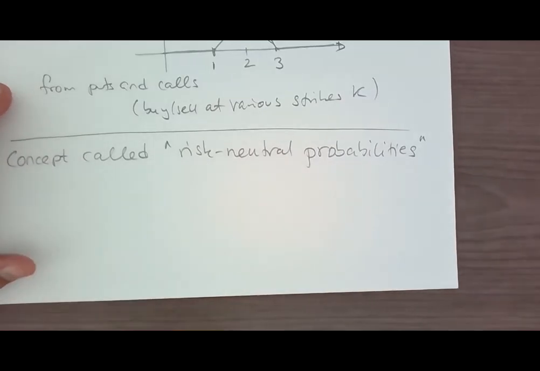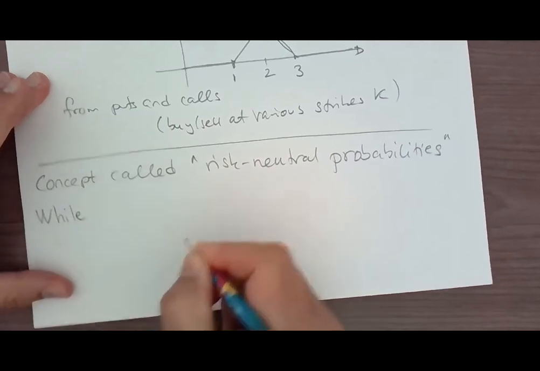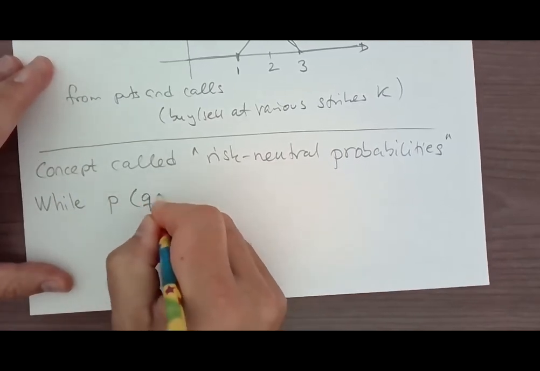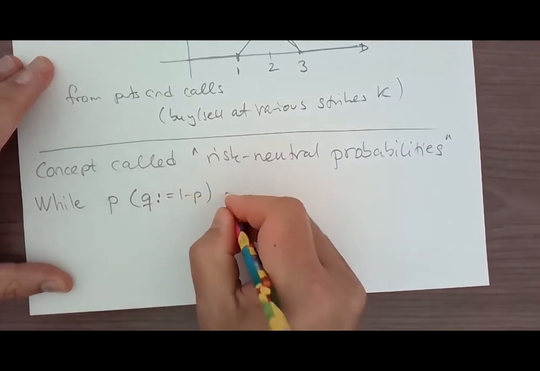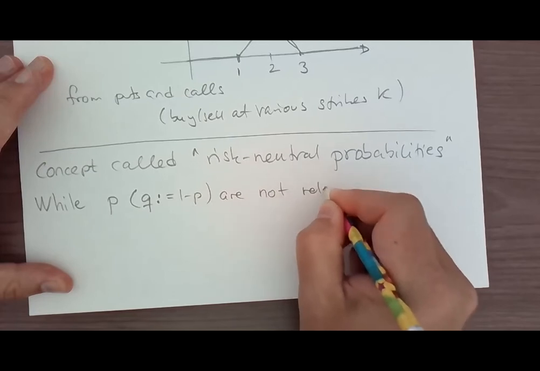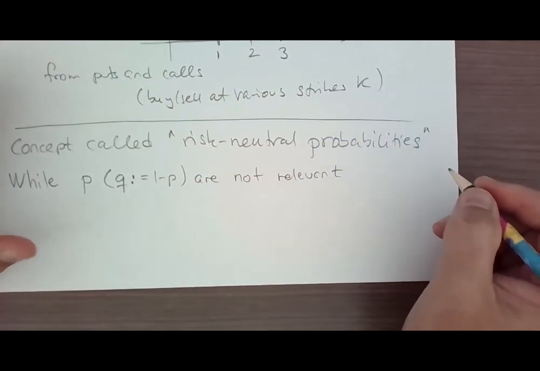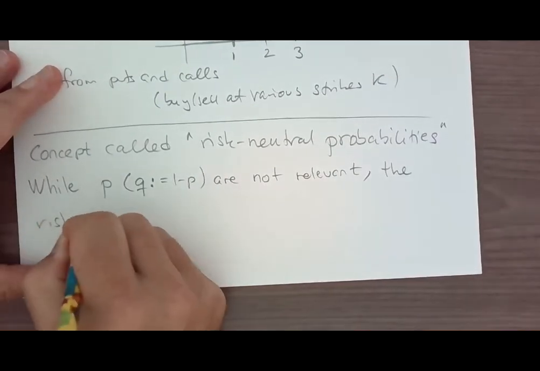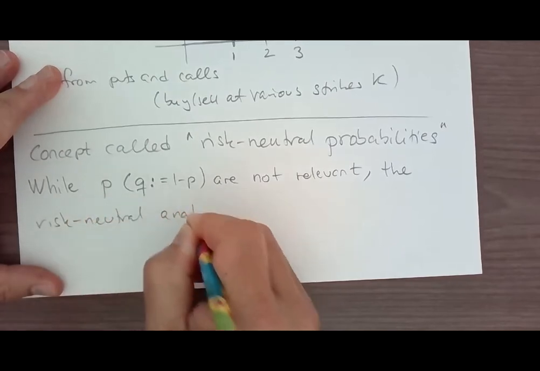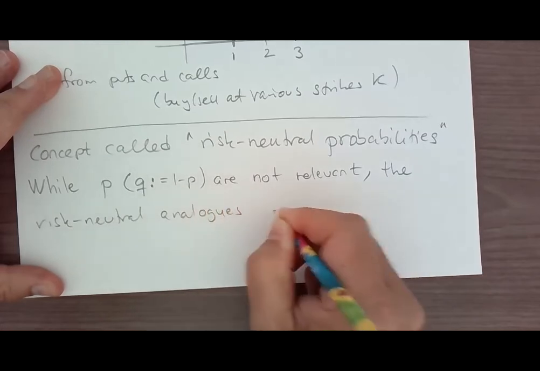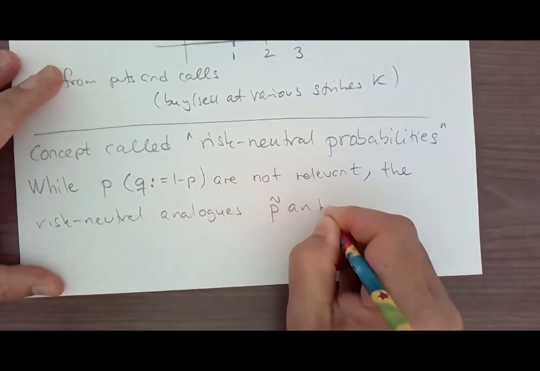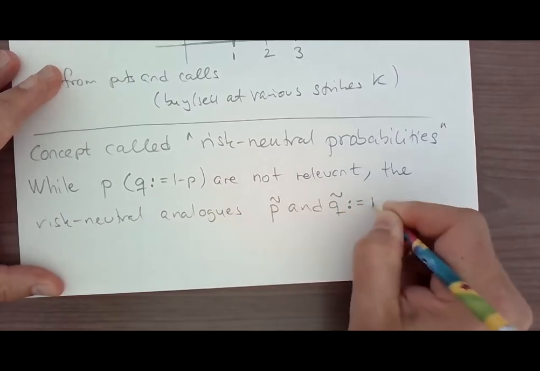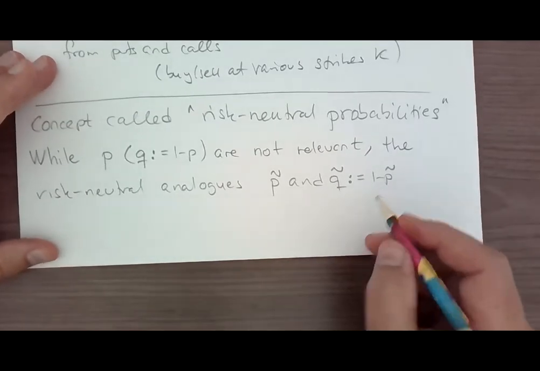While P, and sometimes the other one, this is 1 minus P, are not relevant, the risk-neutral analogs, denoted by P tilde, and then yes, this is Q tilde, these ones are relevant.